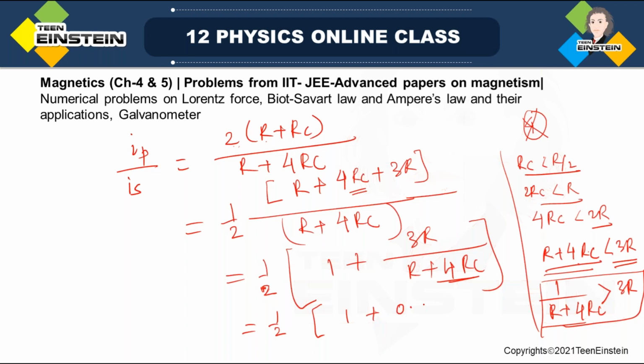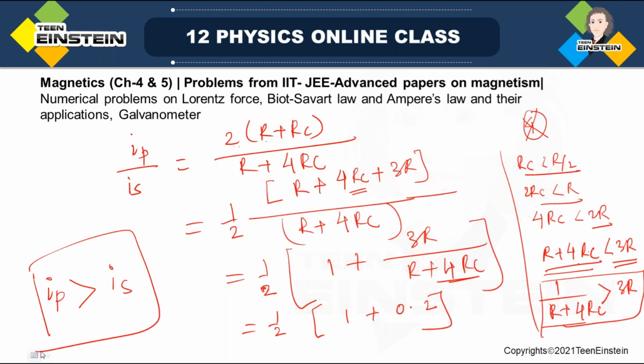If it is 0.23, then also it is 1 plus some quantity, right? That means IP is actually greater than IS. Okay, so this is the actual conclusion, that if you just do this thing, you will understand that IP is greater than IS.